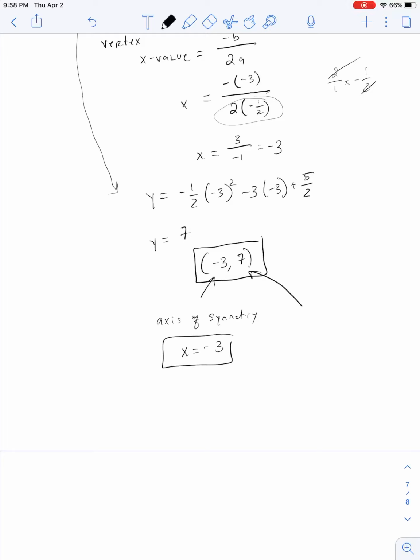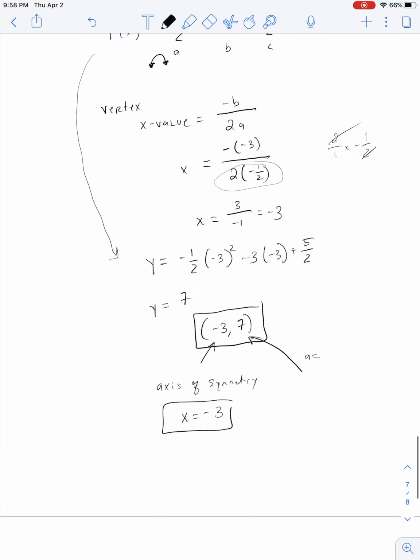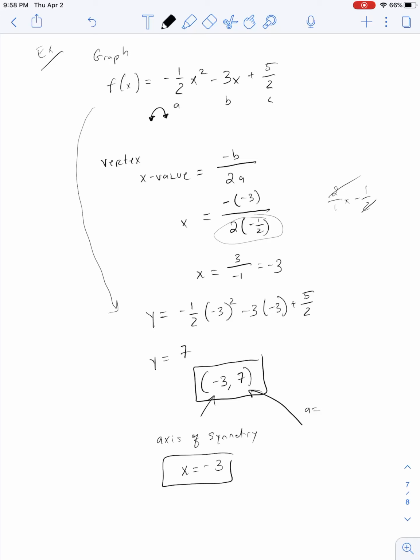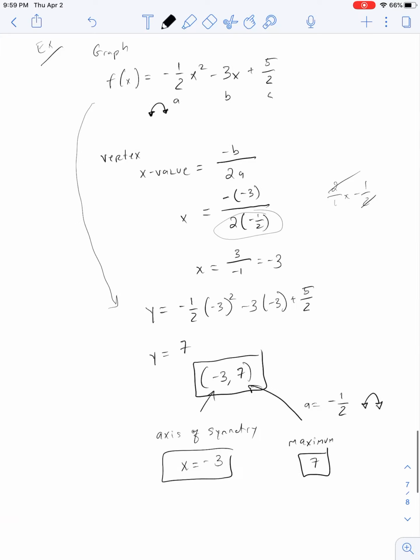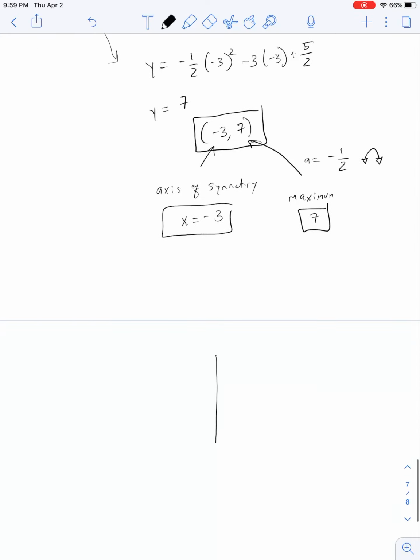Once again, our a is negative 1 over 2, right? So you know that it's going to open down. We have a maximum value of 7. Okay, now it comes to graphing.